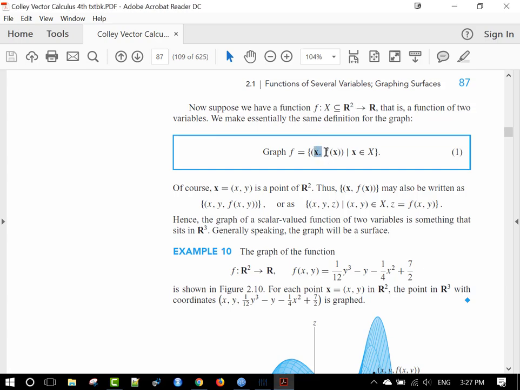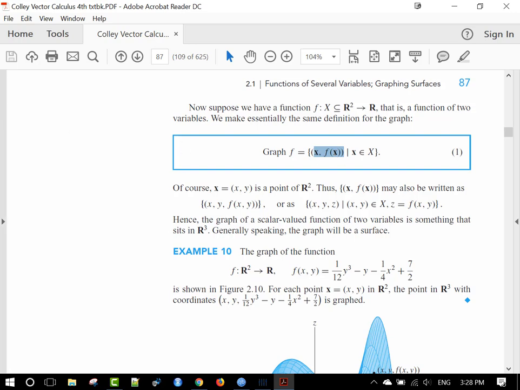But remember, x is two-dimensional, so we have an x and a y here, so x comma y comma, but remember f of x is just a scalar, so it's x comma y comma one more, in other words comma z. So the graph of a function is a surface. We've been working with that idea. The graph of a function from R2 to R is a surface, and this is what we mean. This is the set of x, y, z points that give us that surface, because a surface is a set of x, y, z points.